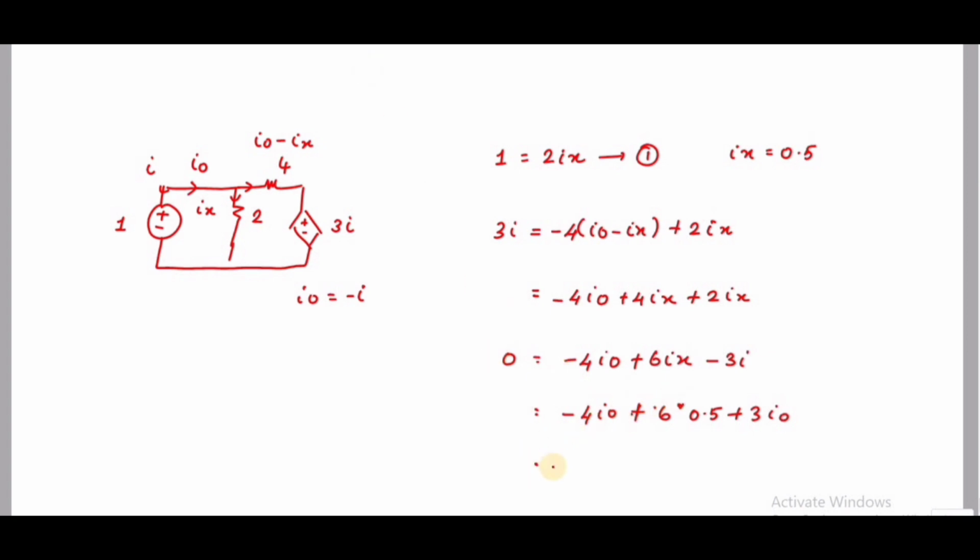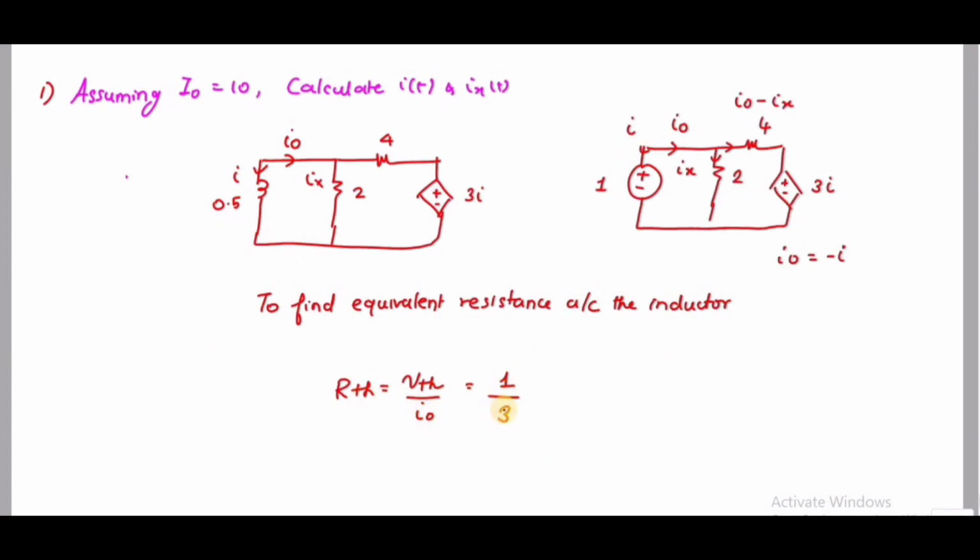So on solving, I will get I naught is equal to 3. So I is equal to minus 3 in amps, right. So if I substitute I naught value, I will get 1 divided by 3 for RTH.